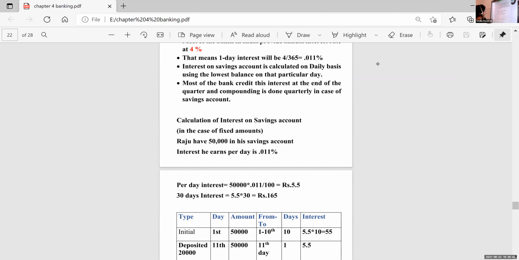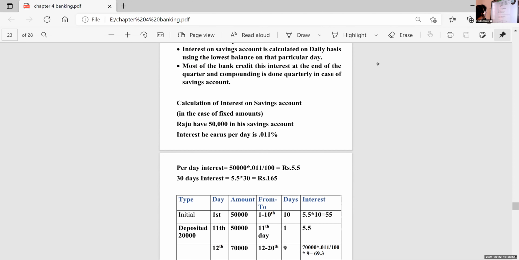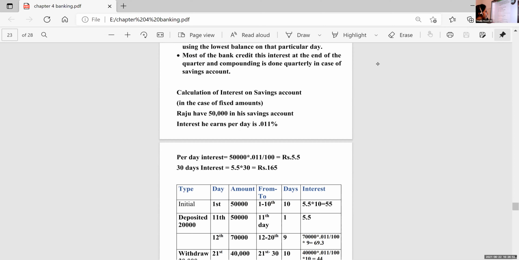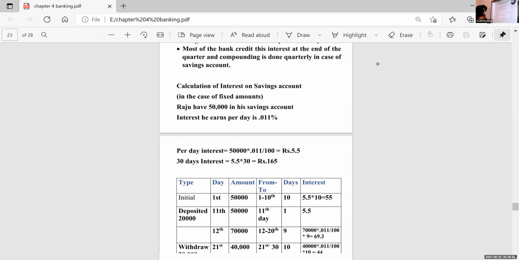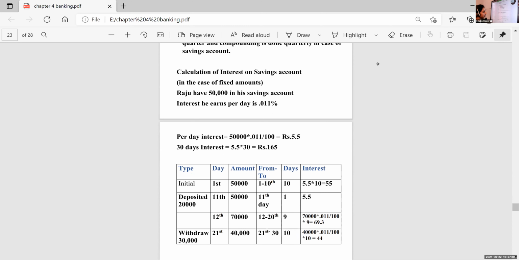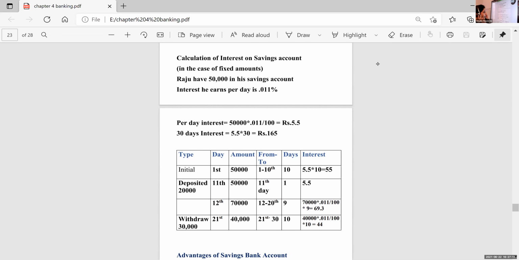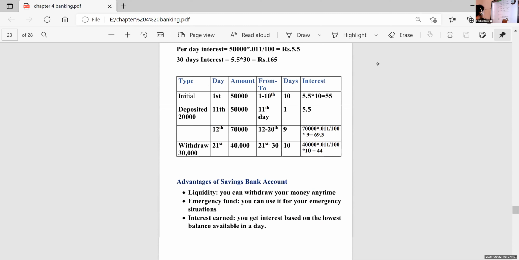And when there are fluctuations in the balance, with frequent deposits and withdrawals. Here I have mentioned only 3 to 4 transactions. But usually in a savings bank account all the withdrawals and deposits are done, so in a single day you will have so many transactions.